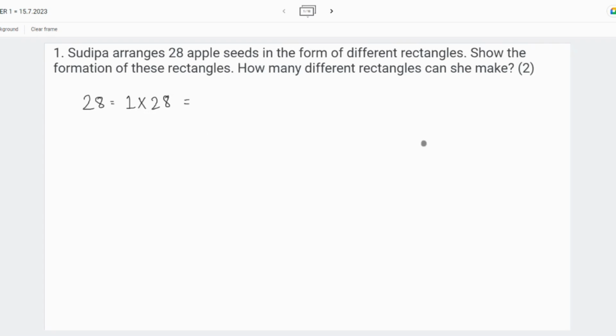So as I was saying, 28 can be written as a combination of 1 multiplied by 28. 1 and 28 are the factors of 28. Then 2 into 14. 2 and 14 are also factors of 28.